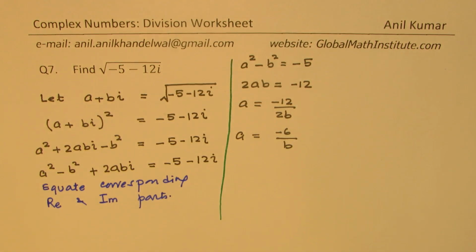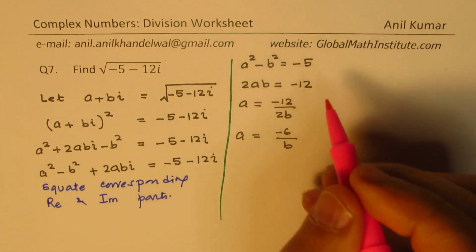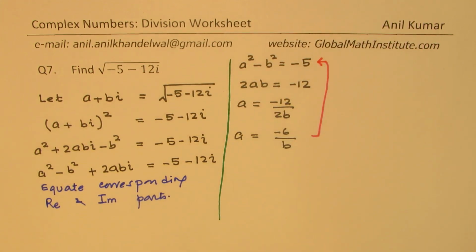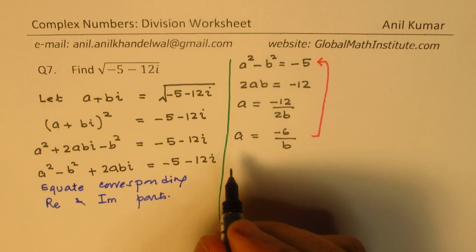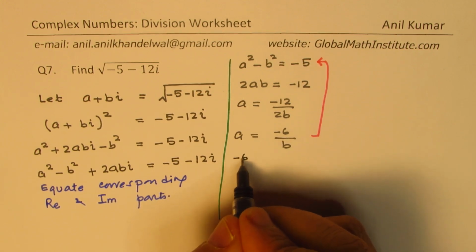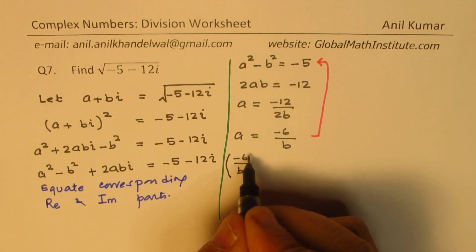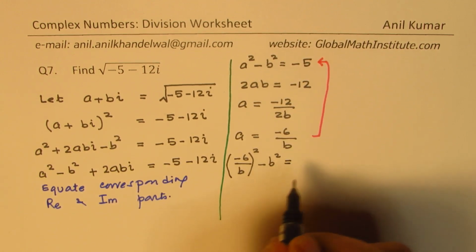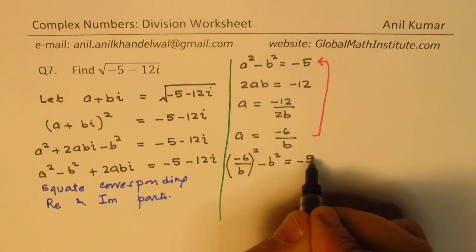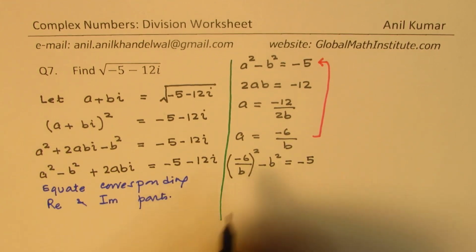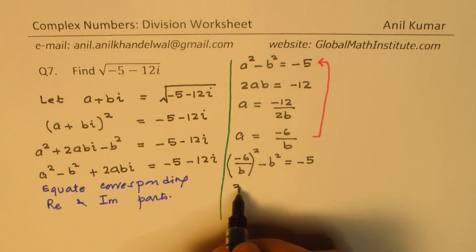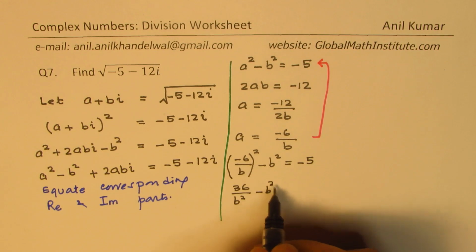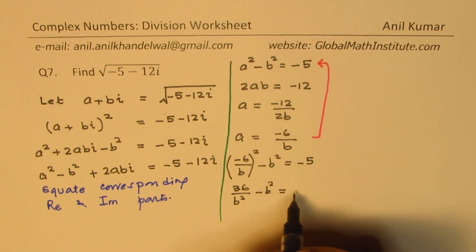So we'll substitute this value of a in our equation, right? So what we get here is minus 6 over b whole square minus b square equals minus 5, which is 36 over b square minus b square equals minus 5.